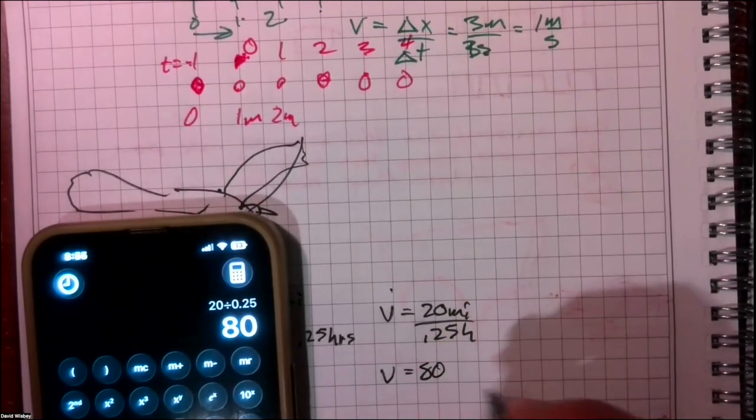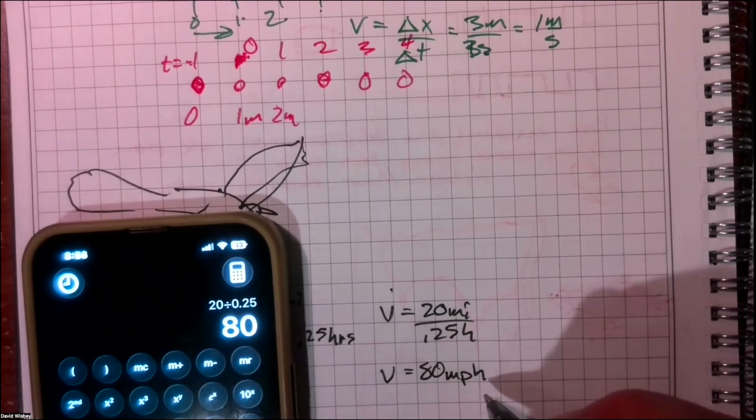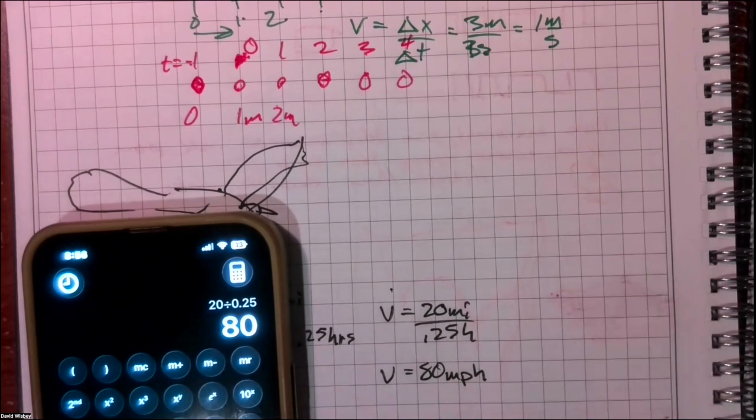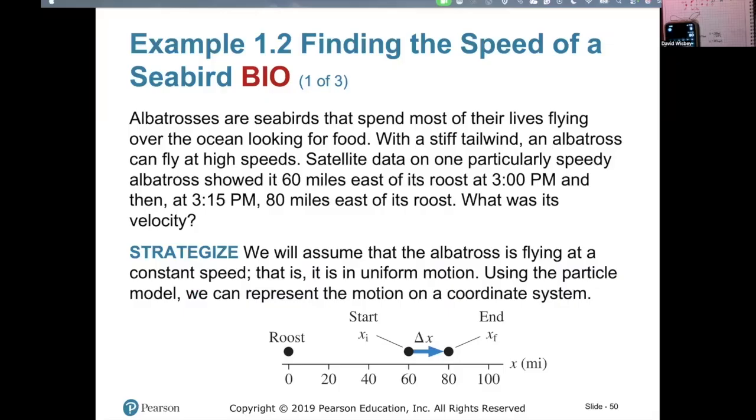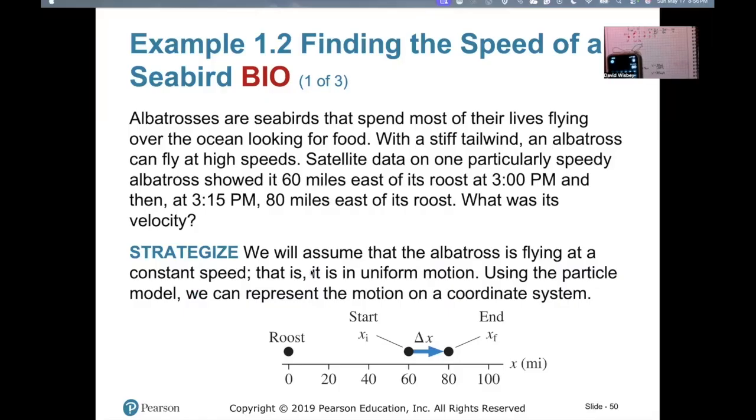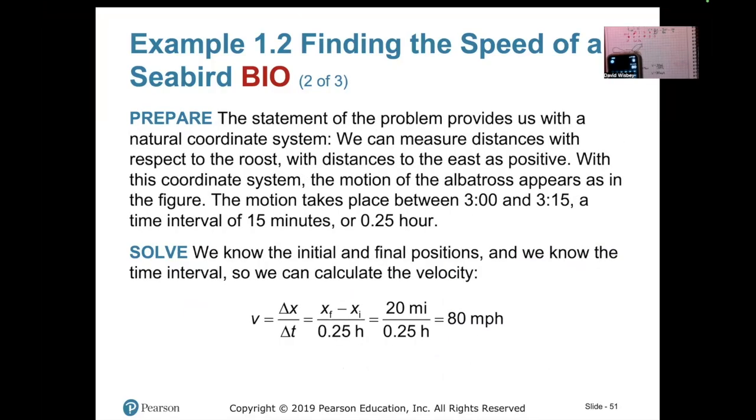Mr. Albatross is flying at 80 miles per hour. Whoa, that is one speedy albatross. Oh my goodness. That albatross is literally flying. 80 miles an hour. And yes, indeed, it is.